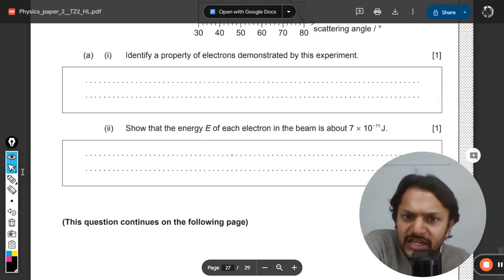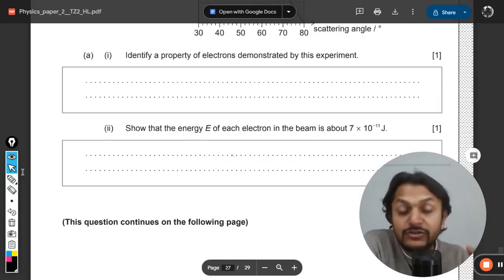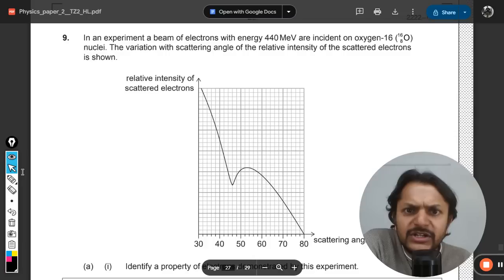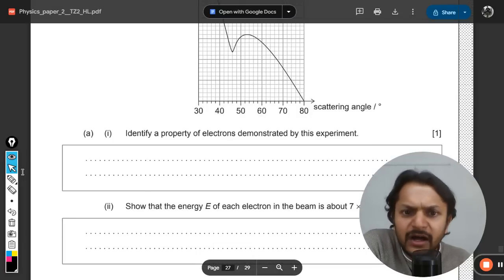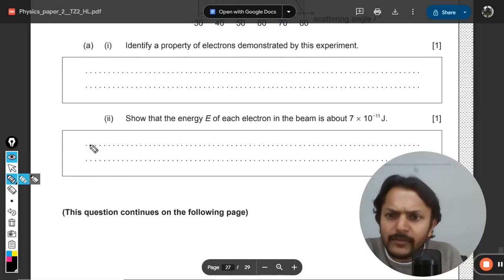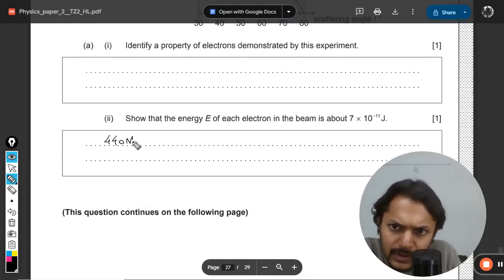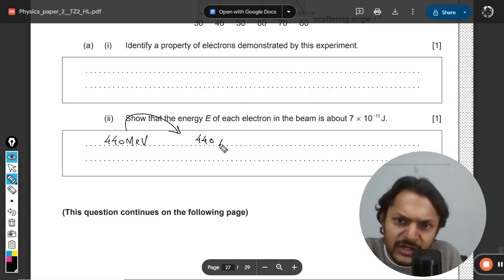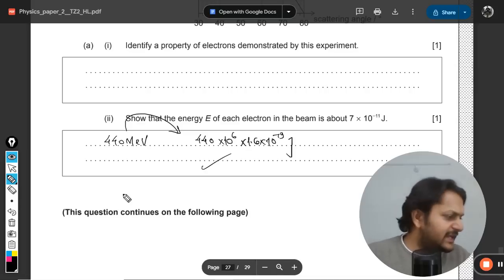Show that the energy E of each electron in the beam is 7 into 10 to the power negative 11 joule. That can be easily done because the kinetic energy is given as 440 mega electron volt. This can be converted into joule very easily, by using this. So that will be the correct answer.